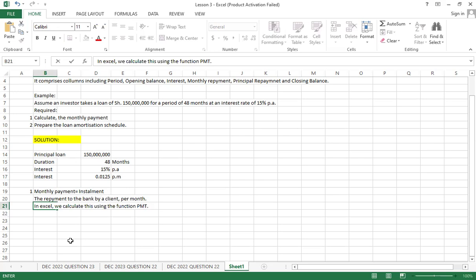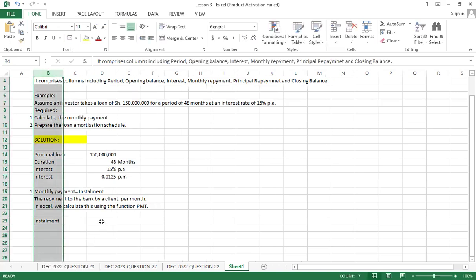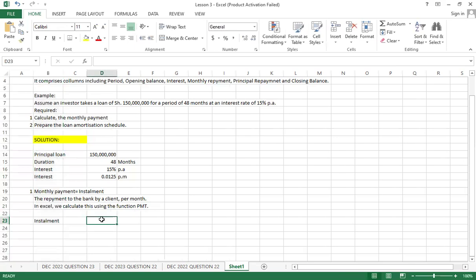Now, let's compute this thing. Down here, I will say the installment, this is now how much? Let's compute it in, say, this cell. How much is this installment?